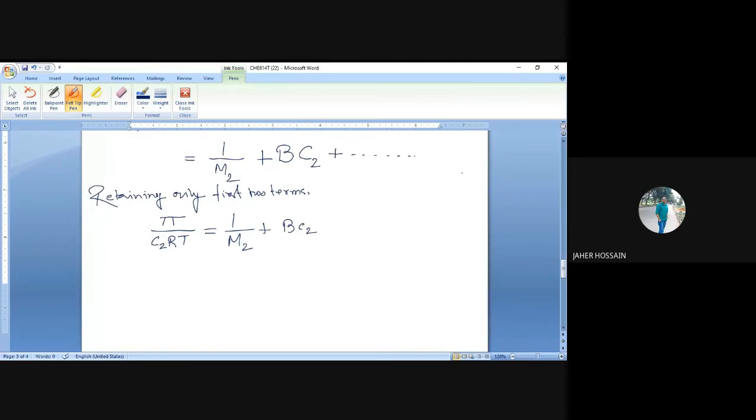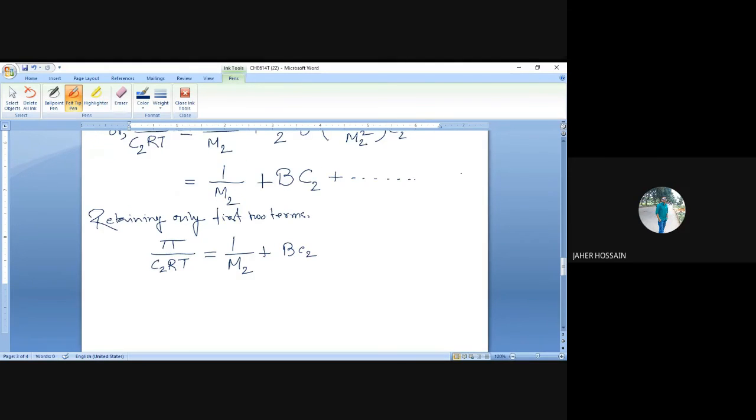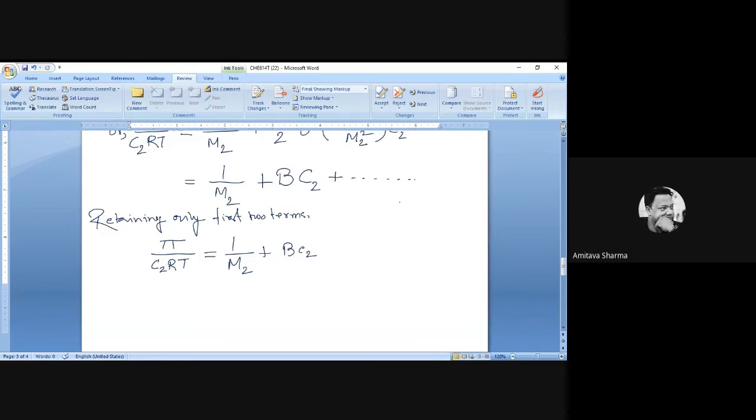So retaining the first two terms. Retaining, spelling: R-E-T-A-I-N-I-N-G. Okay. So this is equation 10 and this is equation 11 what we have.